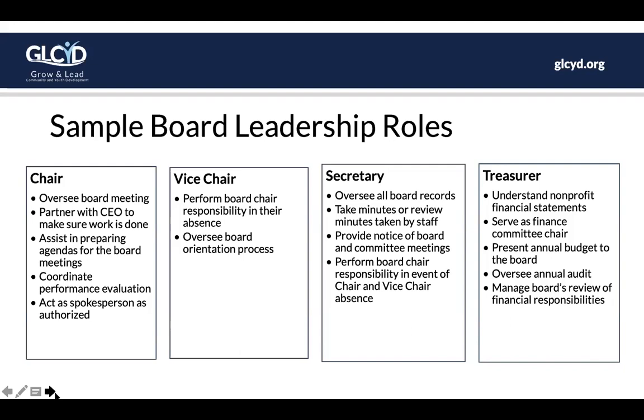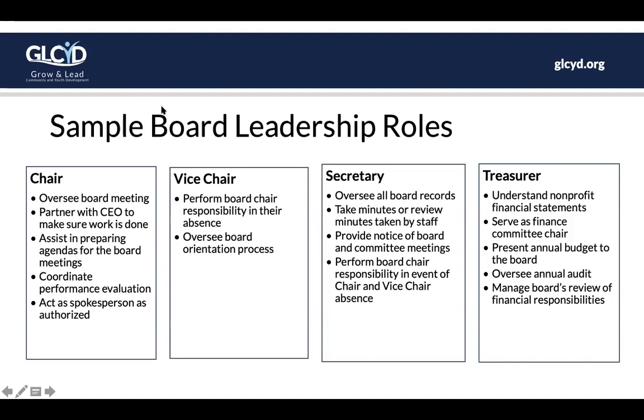And then finally, the treasurer. So they're the money person. They need to understand financial statements, specifically nonprofit financial statements, if possible. But you can learn if you have basic knowledge of financial statements. They can serve as the finance committee chair.